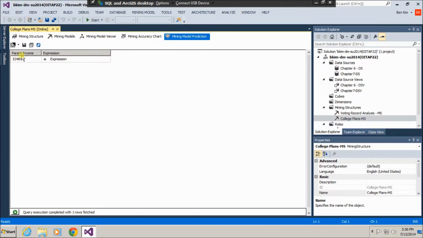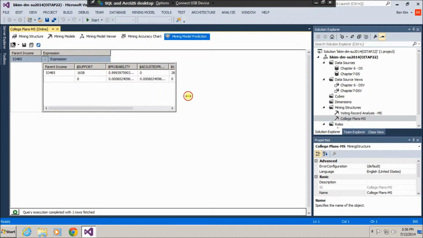So the same amount of money, 53,485, but you can find a lot more data here. And the probability that this person will make $53,485 is about 99.9%. So pretty accurate.